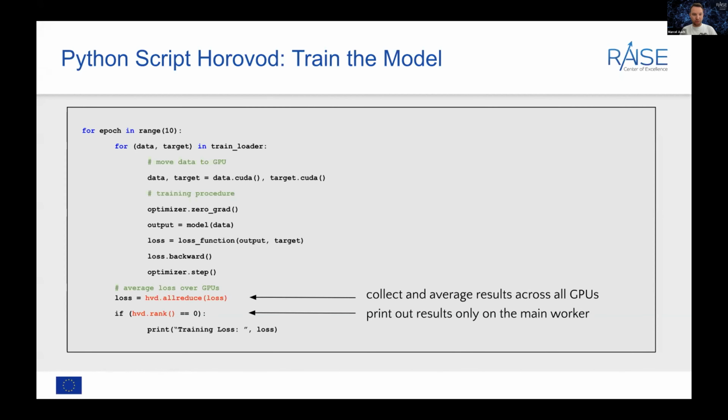And of course, you only want to print that out once. So when we print things out, we need to make sure to just print them out on the main rank, which corresponds to the rank where Horovod is 0, the 0 rank of Horovod.